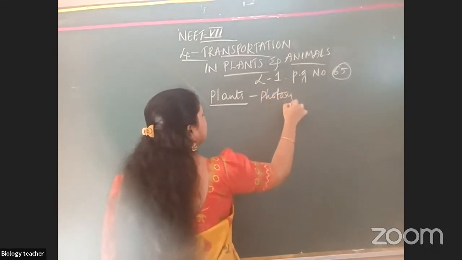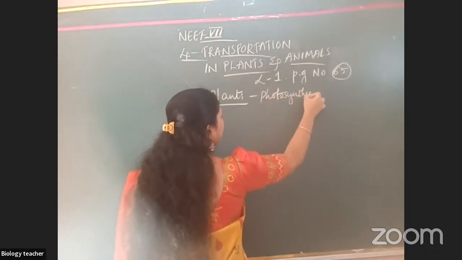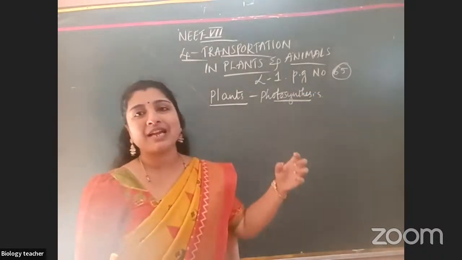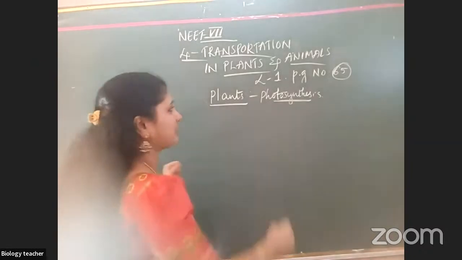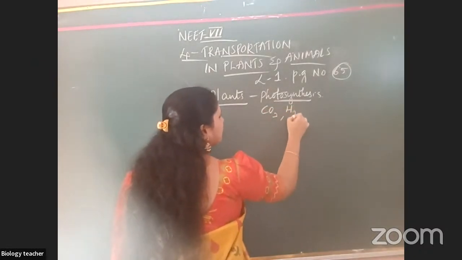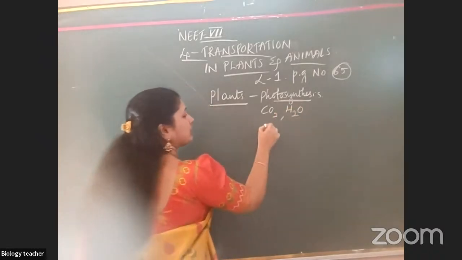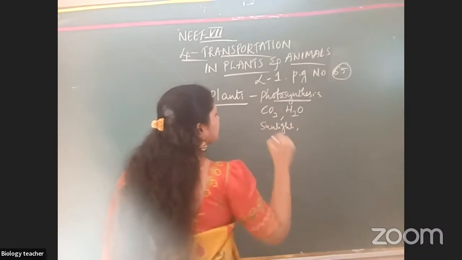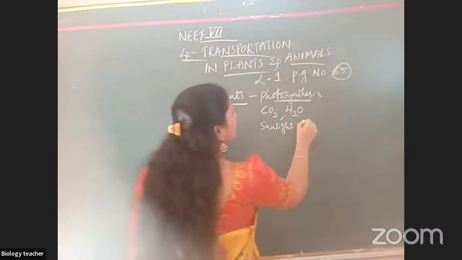What are the things that are needed to carry out photosynthesis? One is carbon dioxide, another one is water, another one is sunlight, and after that, chlorophyll.